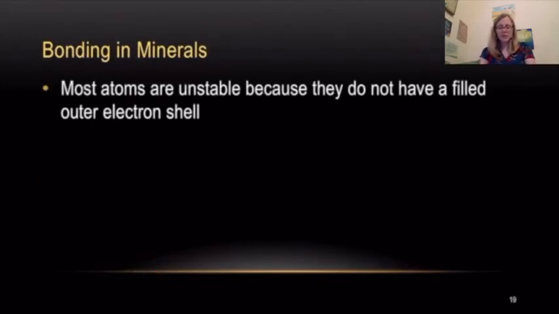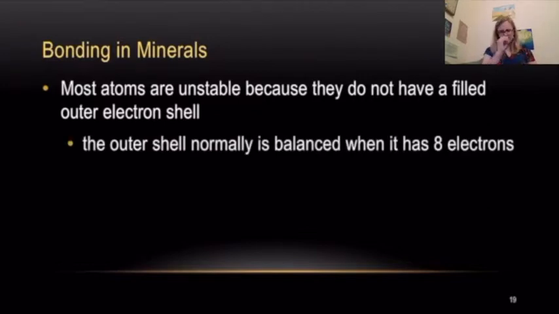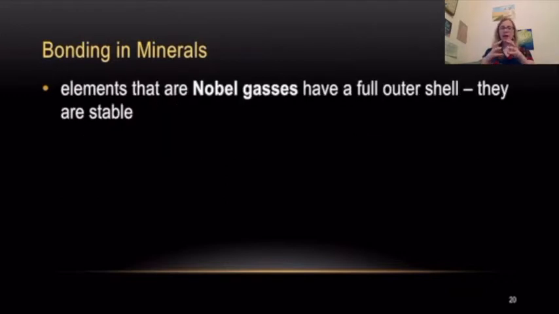Most atoms are unstable, electrically unstable, because they do not have a full outer electron shell. The inner shell can only have 2 electrons. Most of the other shells can have up to 8 electrons. And when an atom has a full outer shell, it's a noble gas.